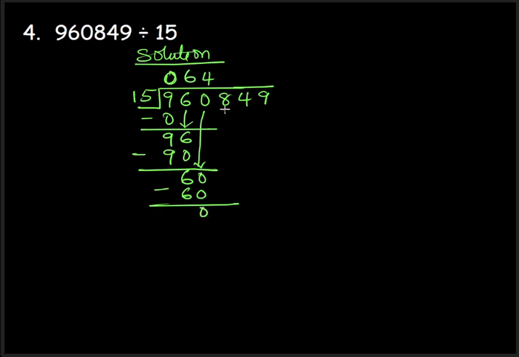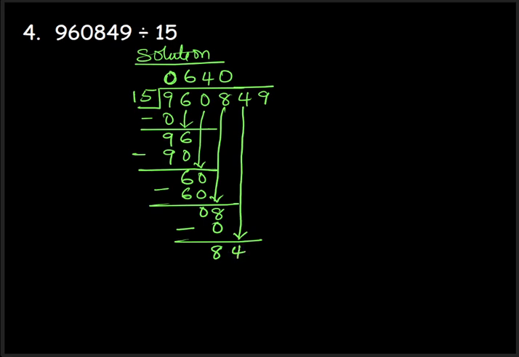0. And then we'll bring down 8. 15 into 8, 15 is bigger than 8, that will give us 0. 15 times 0 will be 0. And then subtract, this will give us 8. And then we'll bring down 4. 15 into 84.